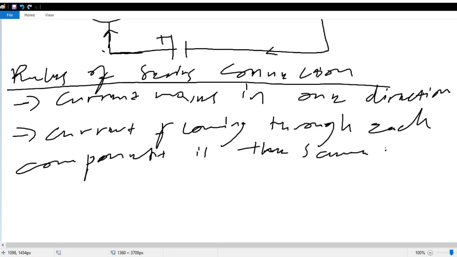Let us look at another rule. The rule states that the potential difference across each resistor differs if the values are not the same.